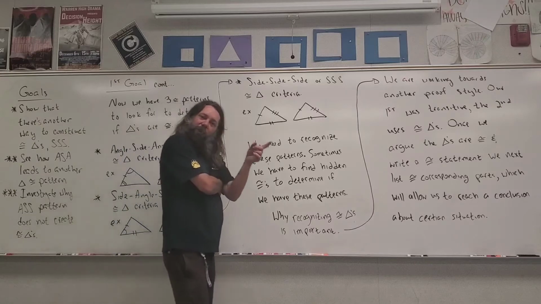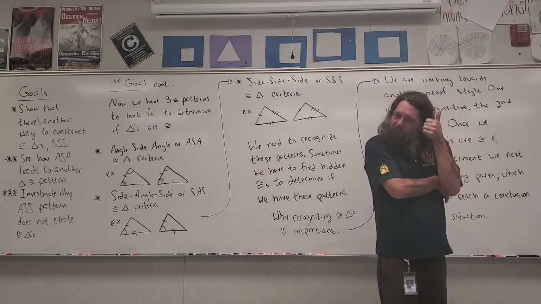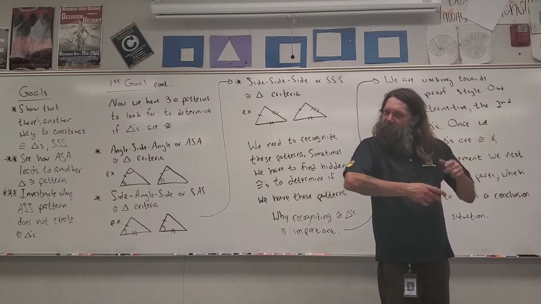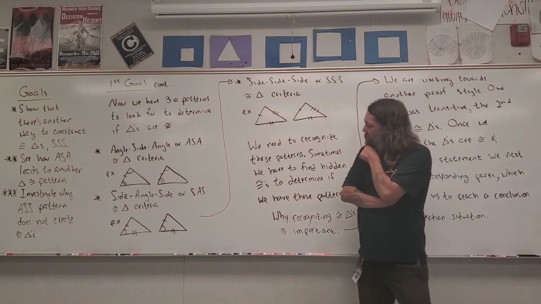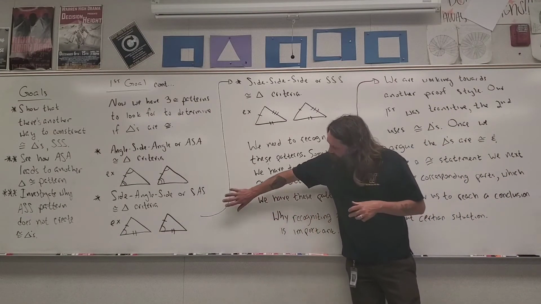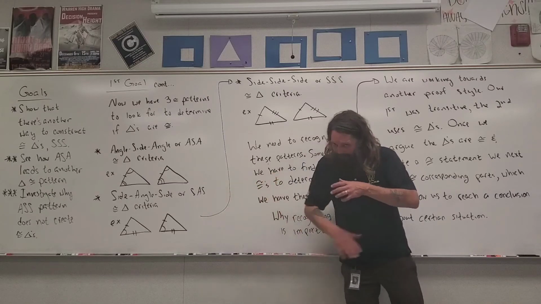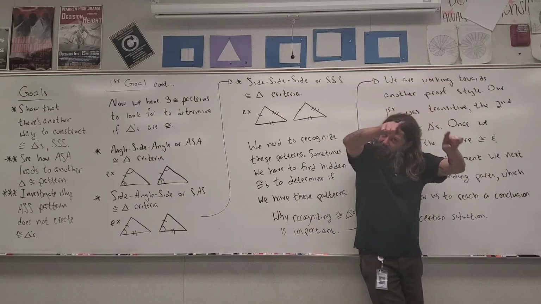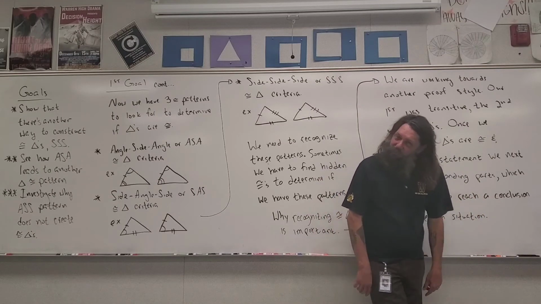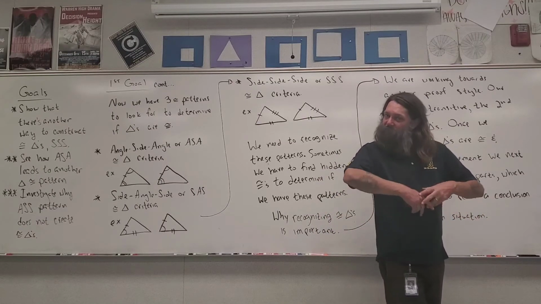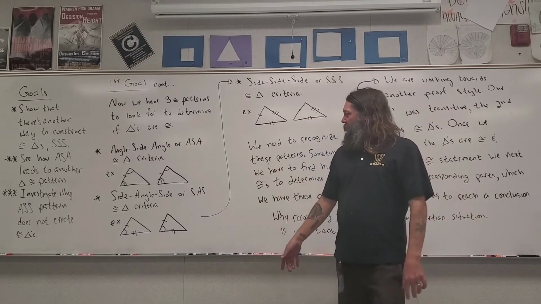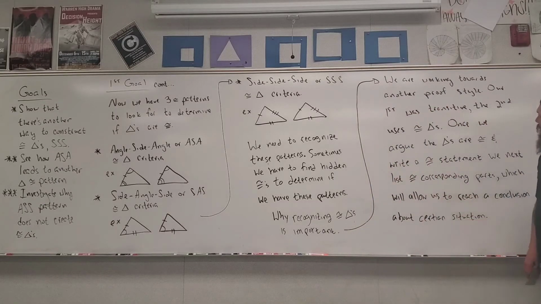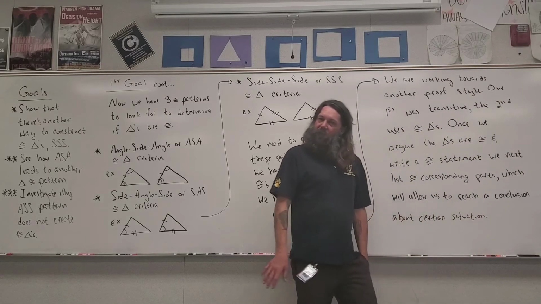If a point is on a perpendicular bisector, we have a reflexive side, we have 2 right angles which are congruent, and we have the bisected segment, so I get the other pair of congruent sides. That means the diagonal sides must be congruent because those are corresponding parts of congruent triangles, and since those are the same length, the point on the perpendicular bisector must be the same distance from the endpoints. So we could have argued that using this style, but we actually argued it using the Pythagorean theorem.